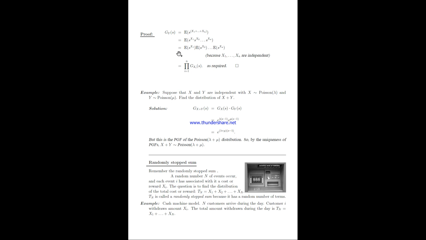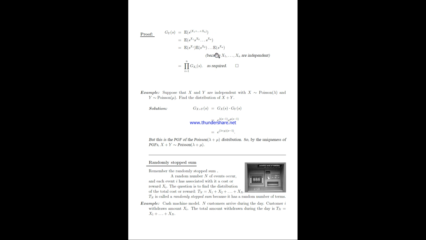Right, so we can easily see the proof here as well. We are interested in taking the probability generating function of the random variable y. So that is the expected value of s to power x1 plus x2 up to xn. That we can replace by the product, that is s to power x1, s to power x2, likewise.